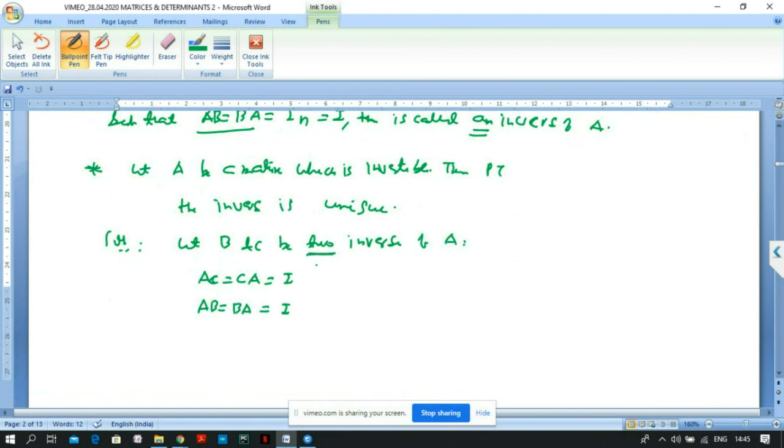Such a beautiful proof. We are just using the definition of the inverse to prove that if an inverse exists, then it must be unique.